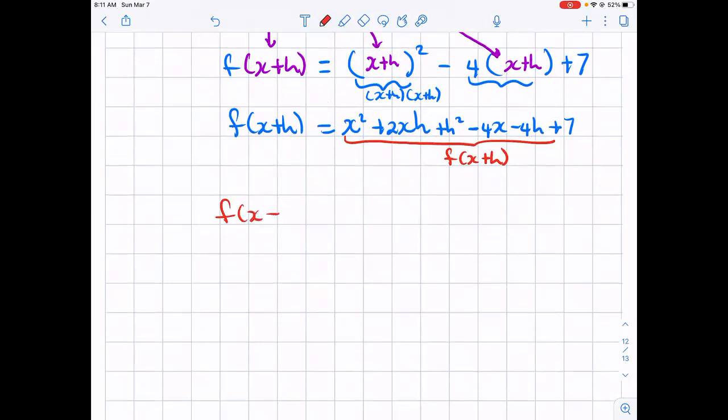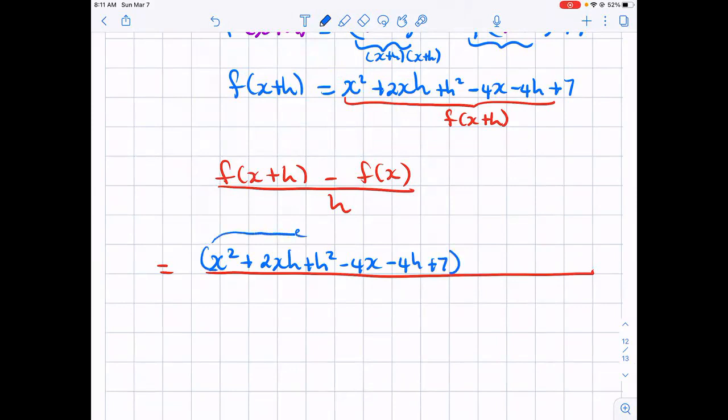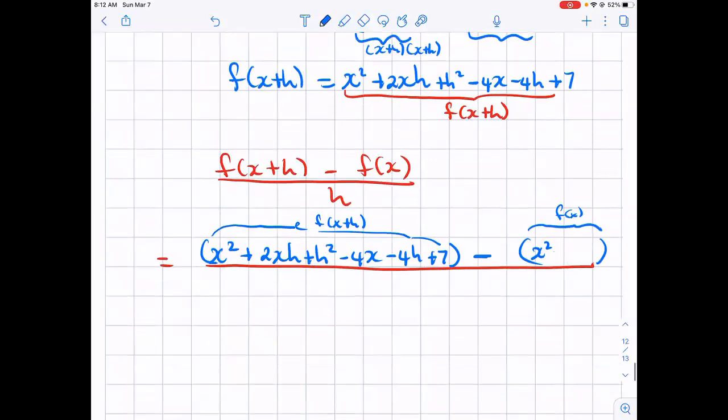So f of x plus h minus f of x over h is x squared plus 2xh plus h squared minus 4x minus 4h plus 7, and this is the f of x plus h, minus my f of x, which was x squared minus 4x plus 7, everything over h.